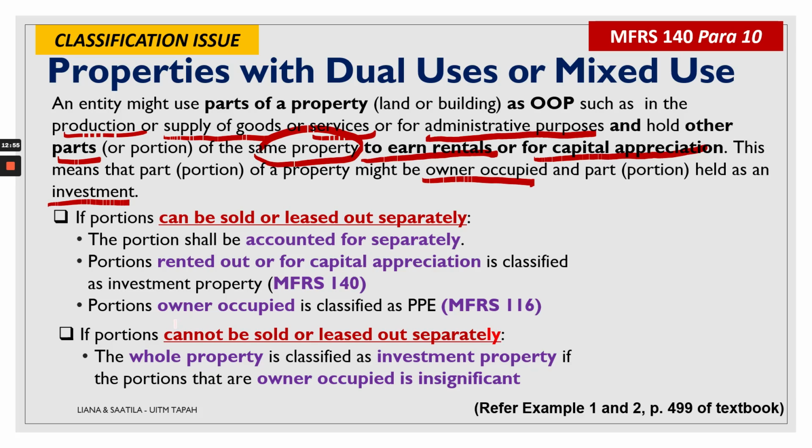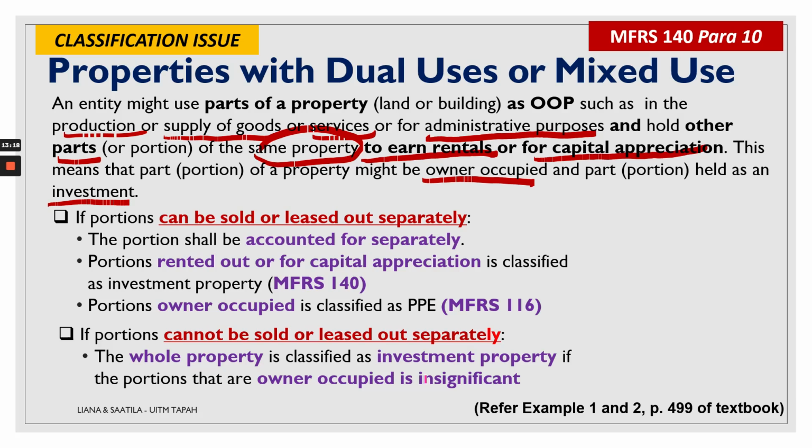However, the standard proceeds to highlight that if the portions cannot be sold or leased out separately, the whole property will be classified as investment property if the portion held for owner-occupied function is insignificant.